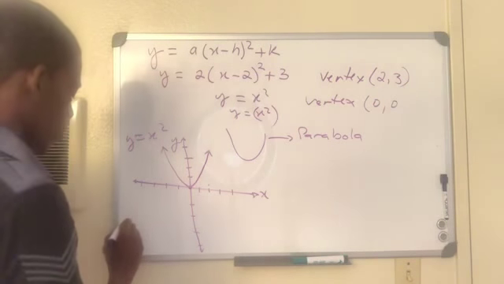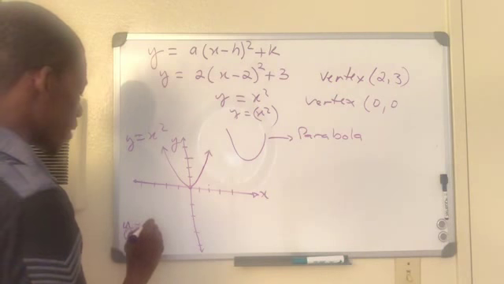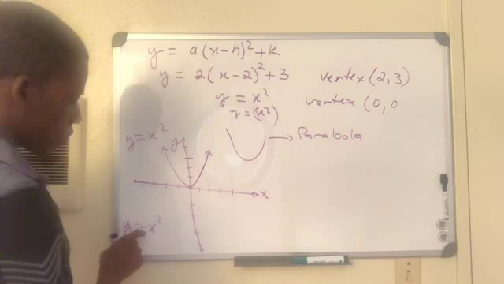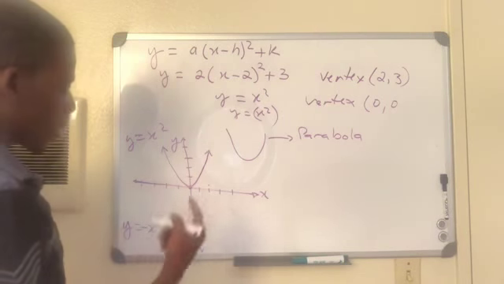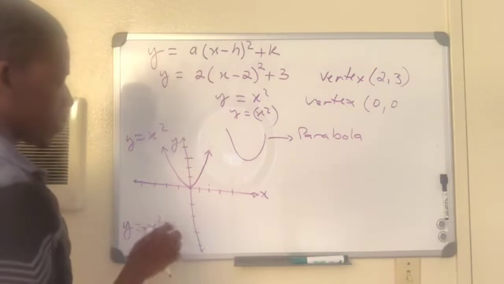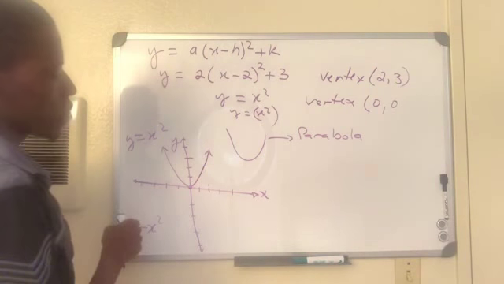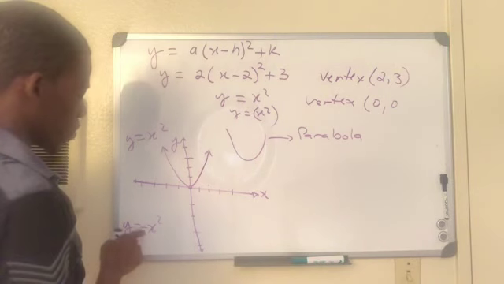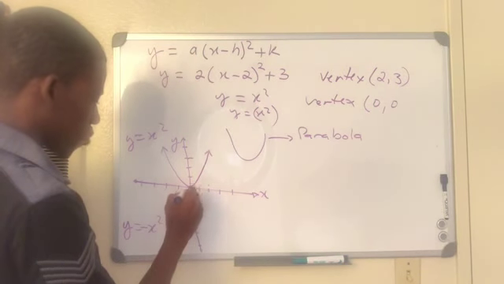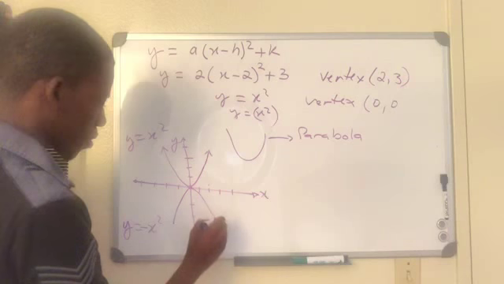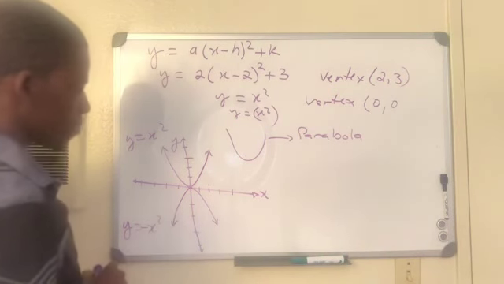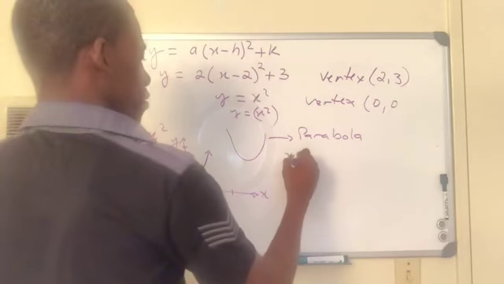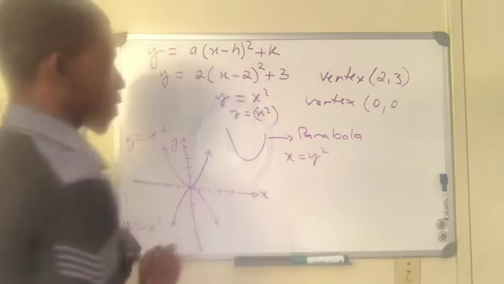Now, for y is equal to negative x squared, don't forget, every time you have negative, you have the other way around: downward or left. Down or left is negative. To the right or up is positive. So because it's negative, my parabola is opening down. What if we have x is equal to y squared?